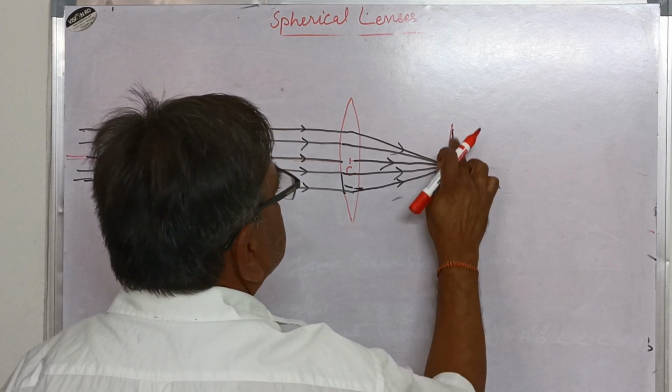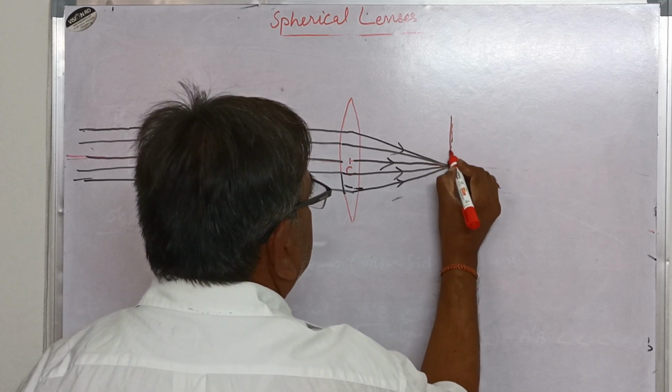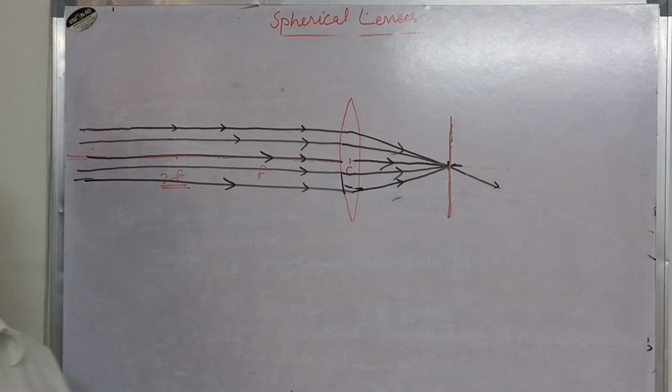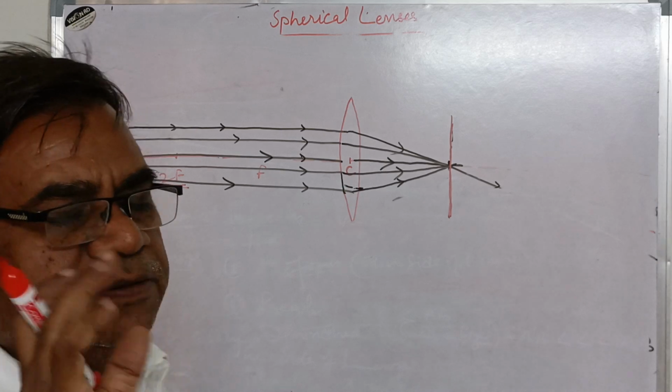If we put a paper, and generally in books it is given carbon paper or black paper. So what happens? A hole is burnt in the paper. Why?